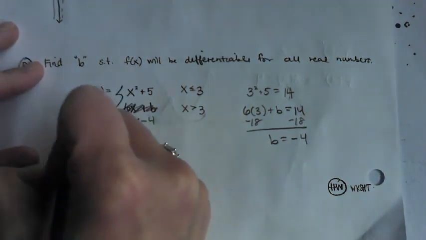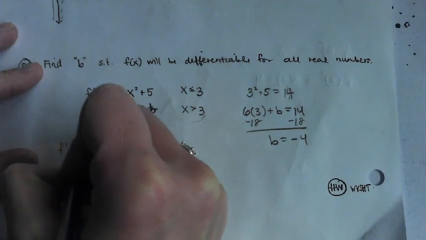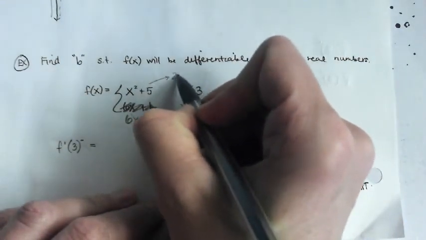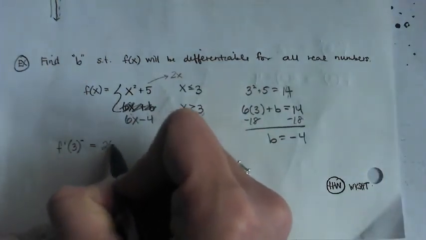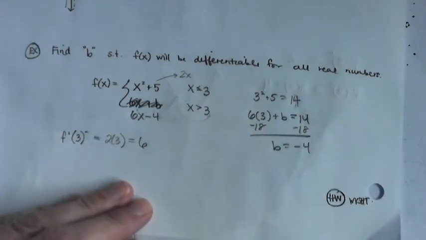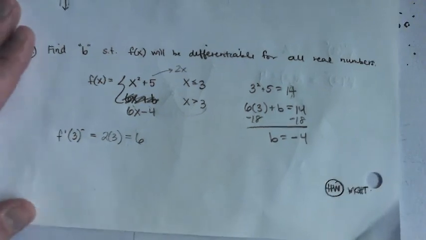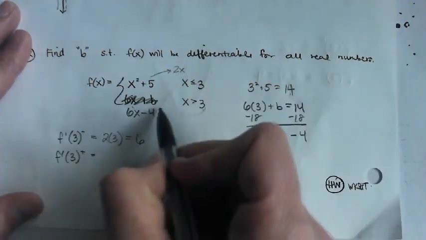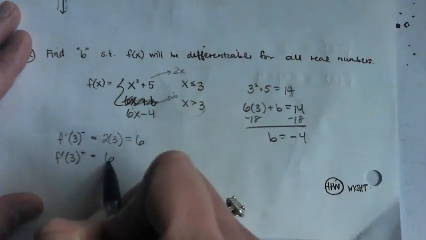So the slope at 3 coming from the left, again, that derivative formula is just 2x, so that'll be 2 times 3, which is 6. And the derivative at 3 coming from the right, the derivative of that is always 6.